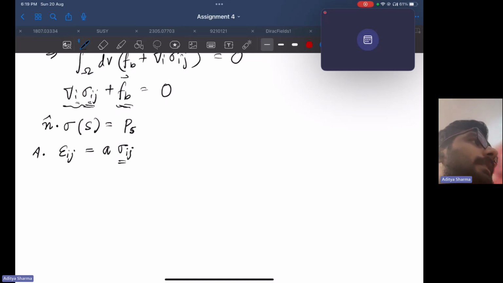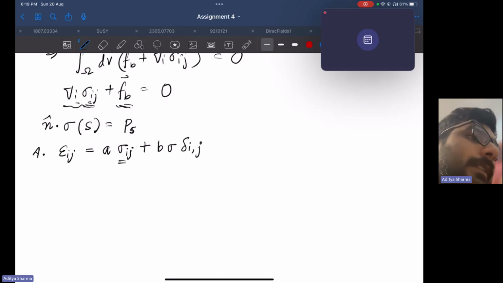So we are relating strain in such a way, and note that the relation is linear. So this relation is only applicable to materials which are linearly deformable. This just means that the relation should be linear. Plus B sigma delta ij.